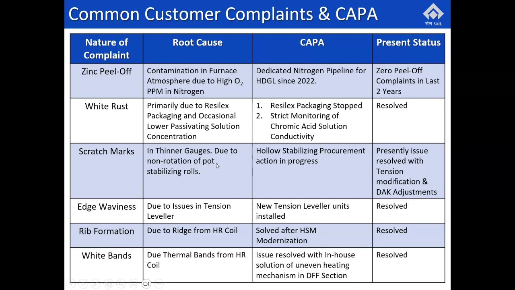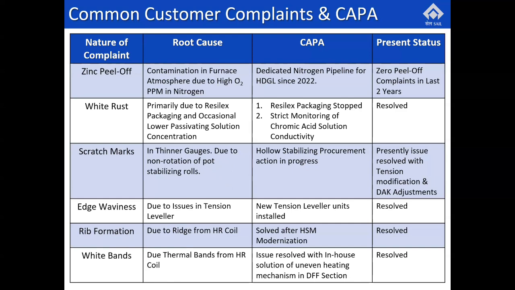Scratch marks in thinner gauge: in very few coils we have this scratch marks issue. It is mainly due to stabilizing rolls not rotating in thinner gauge. You understand the submerged rolls inside the zinc pot are at 460 degrees and there are no electric motors or any mechanism to make them rotate. The running strip makes them rotate. So in thinner gauges, there is not sufficient tension provided by the strip so that it can rotate.